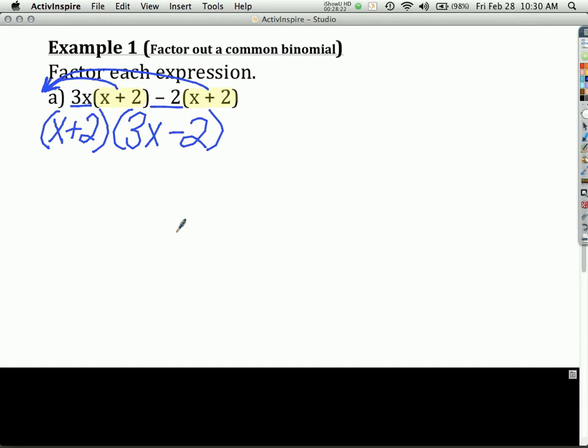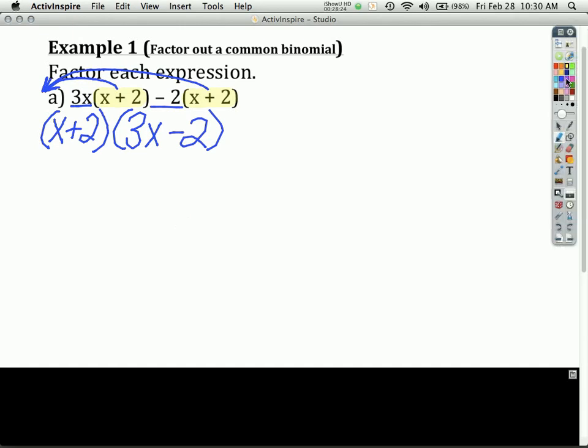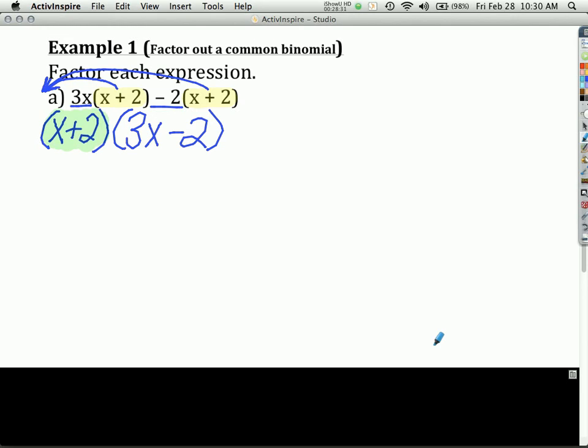And so the common binomial factor gets written once off to the left-hand side. That's what we wanted. This is one of the steps in grouping. Any questions so far? Okay.